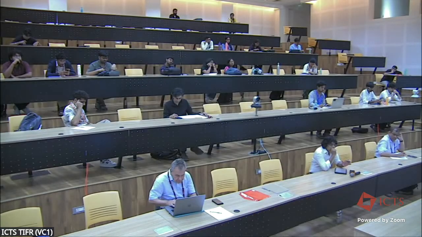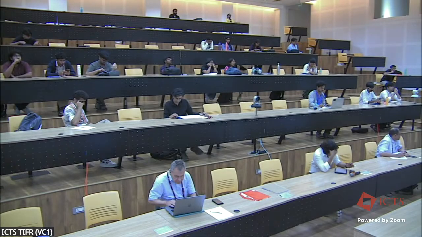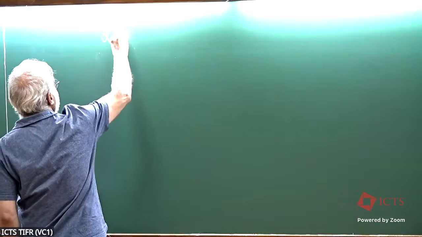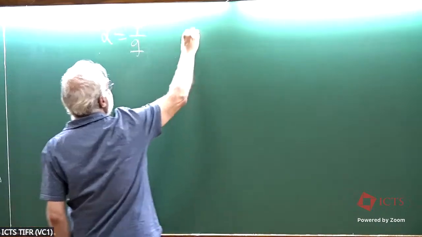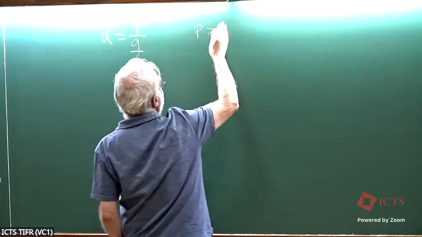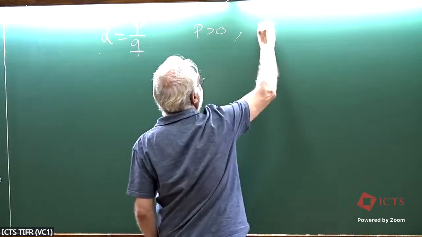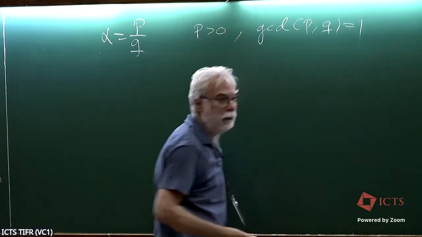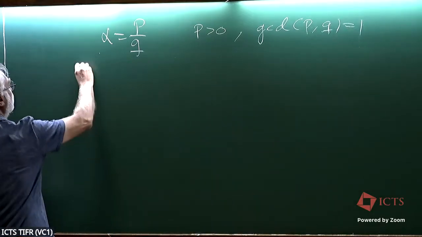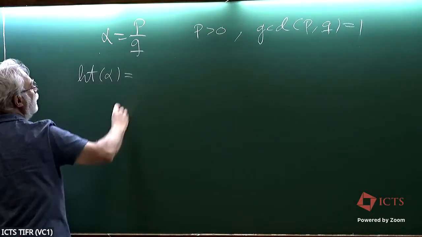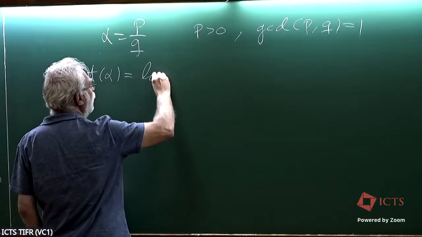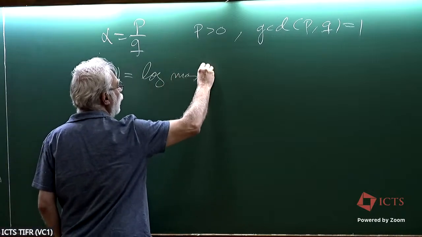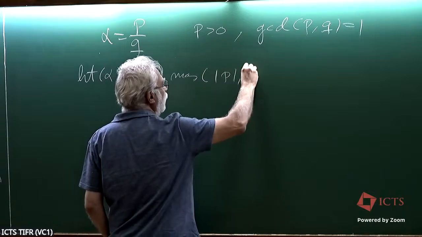Let's start with the height of a rational number. So alpha is a rational number, P over Q, and we are assuming, for instance, that P is bigger than 0, not important, and the greatest common divisor of P and Q is 1, so they are coprime. Then the height of alpha will be equal to the log of the max of P and Q.